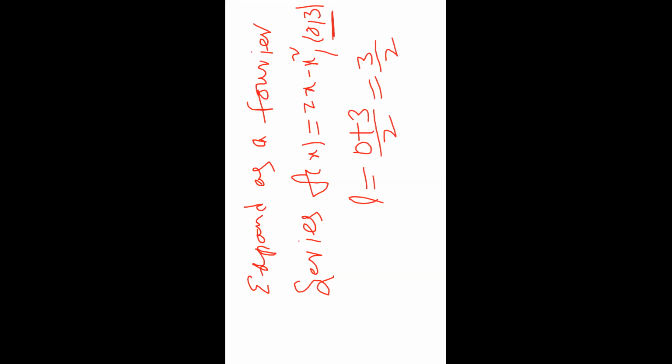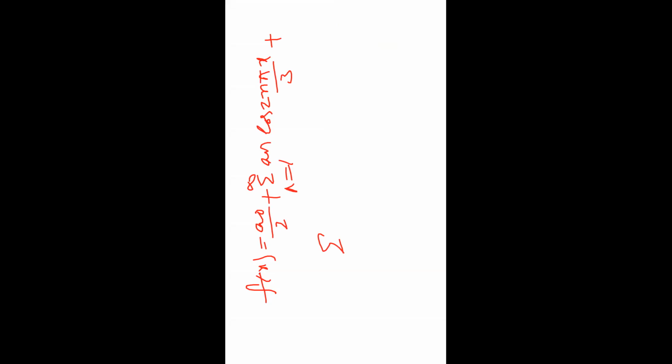So taking the formula of f of x equal to a naught by 2 plus sigma n equal to 1 to infinity a n cos n pi x by L, L value 3 by 2, in the reciprocal 2n pi x by 3, plus sigma n equal to 1 to infinity b n sin 2n pi x by 3.